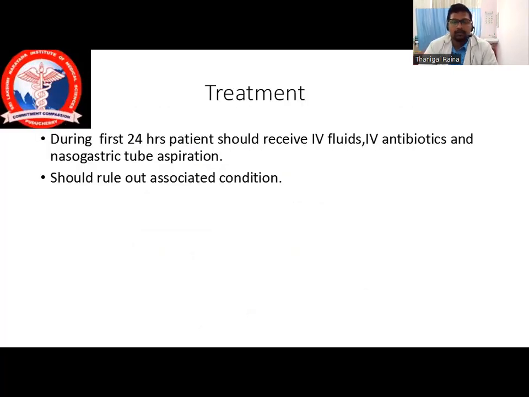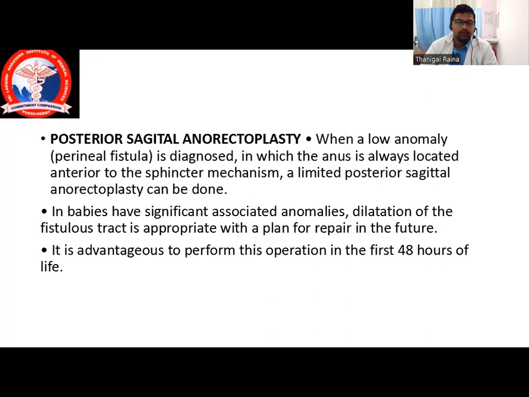Treatment: how will you treat? Management and protocols are okay, so how will you treat? During the first 24 hours, the patient should receive IV fluids, IV antibiotics, and nasogastric tube aspiration. Also, you should rule out other associated conditions.